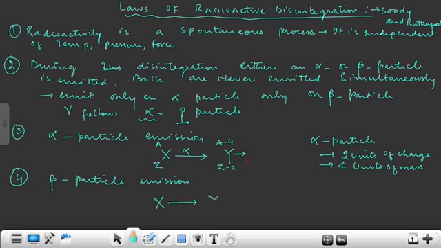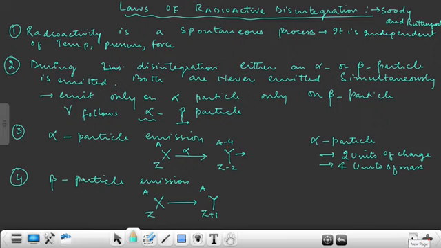In this case the mass number is not reduced at all. Let's say it is A and atomic number is Z. In this case the atomic number will be increased by 1 while the mass number will be the same. So these are the four important laws which are generally asked. Any question can be asked from the MCQ point of view.